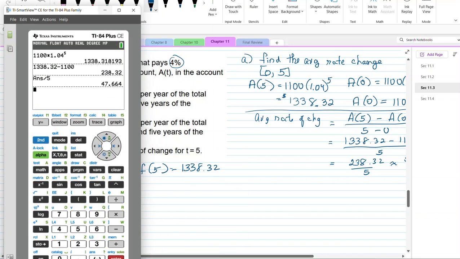Get our calculator out. And we want 1100 times 1.04 caret 10. I'm going to have 1628.27.